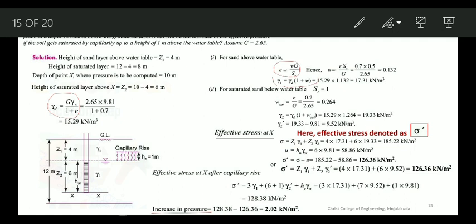The capillary rise of 1 meter is also now saturated. So sigma is equal to 3 gamma 1 plus 7 into gamma saturated. Gamma saturated means the gamma 2 value here. 3 gamma 1 plus 7 gamma 2. That is the total stress at XX in the case of a capillary rise occurring.